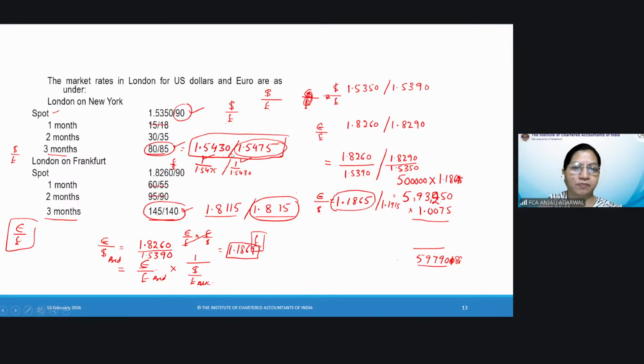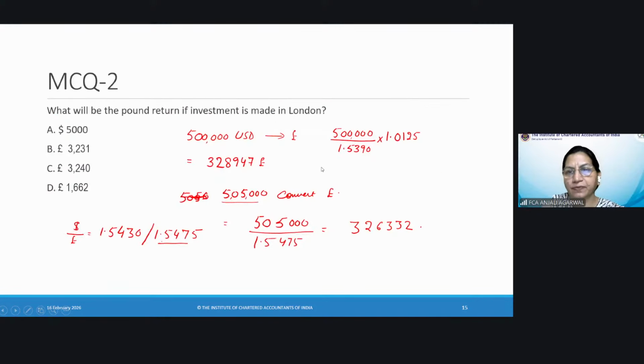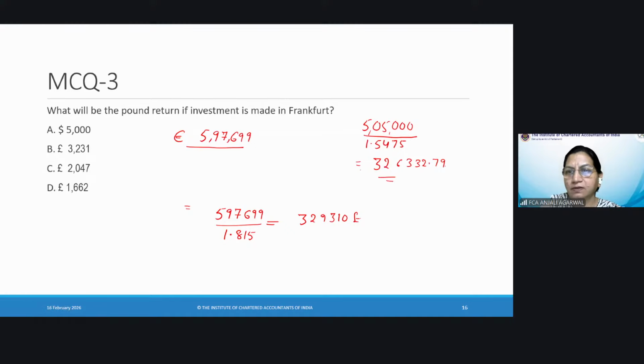So dollar is to be paid and it is to be bought. So dollar ask would be applicable. So it will be 1.5430, sorry. Right? Now, what I wanted to focus on here is 505,000 divided by 1.5430.